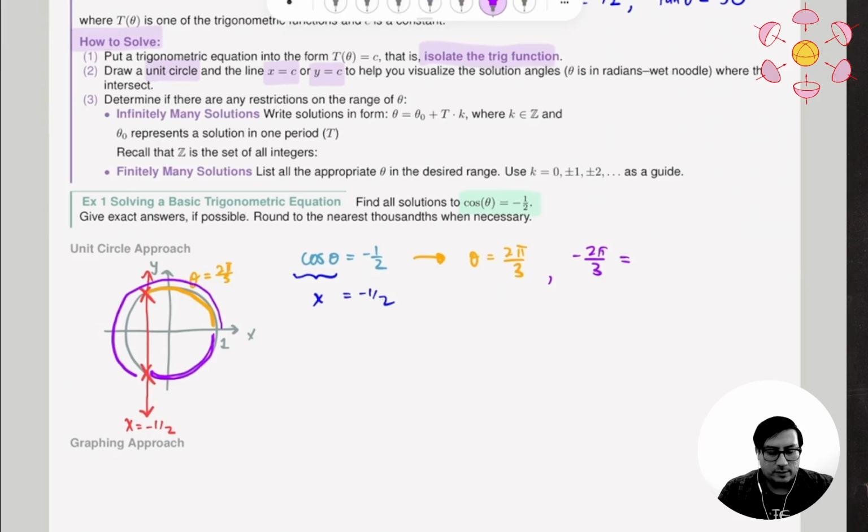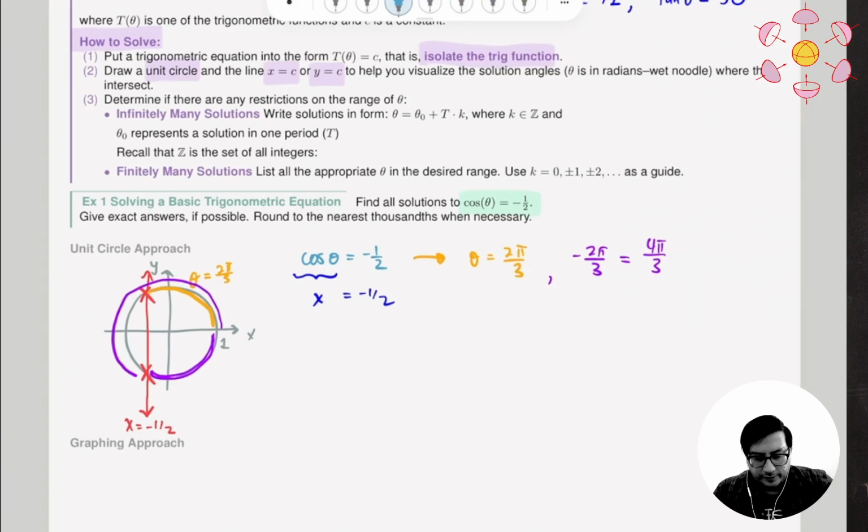So it's going to be, using whiskers, 1, 2, 3, 4, 4 pi over 3. Okay, so 2 pi over 3 and 4 pi over 3 are basically where those red X markings are.